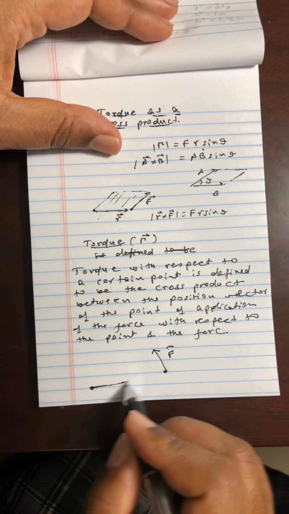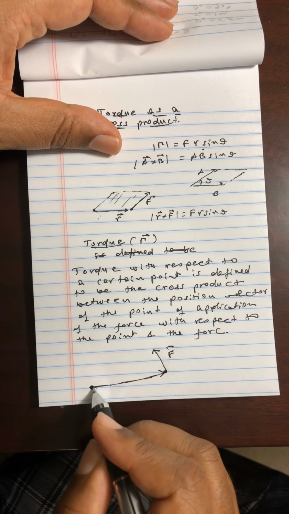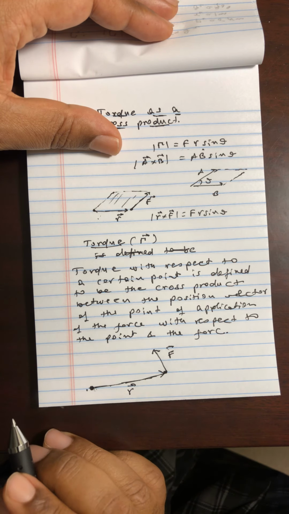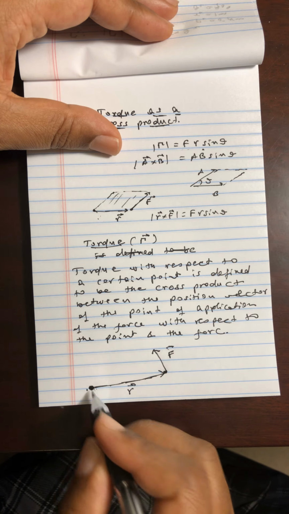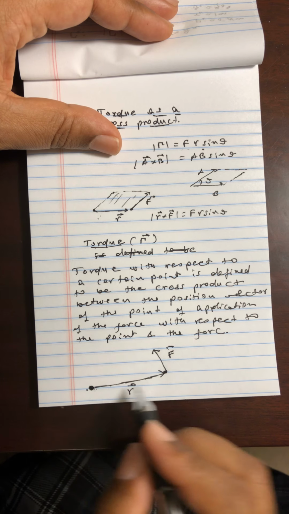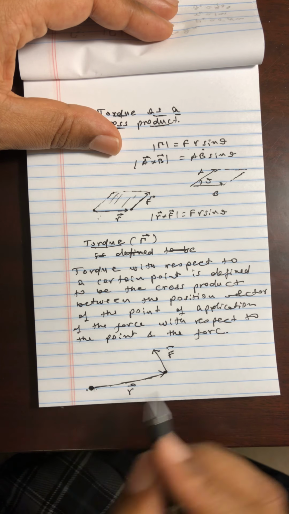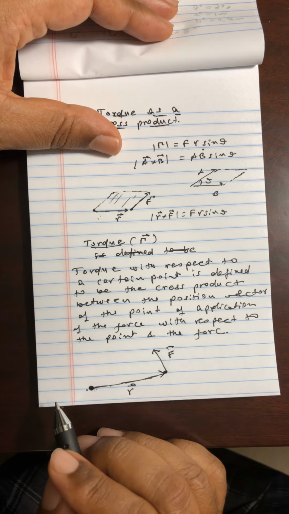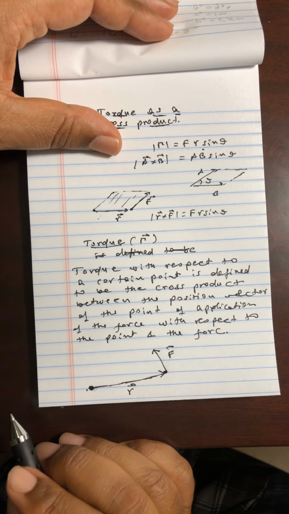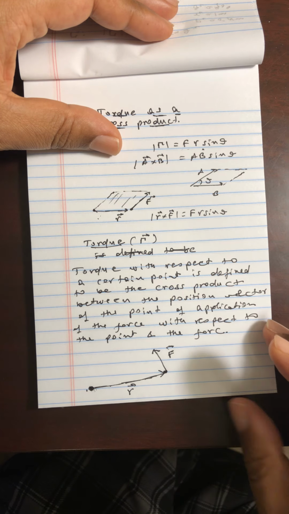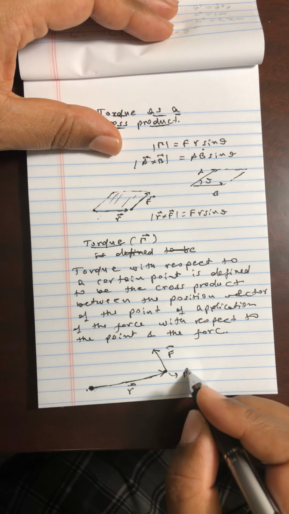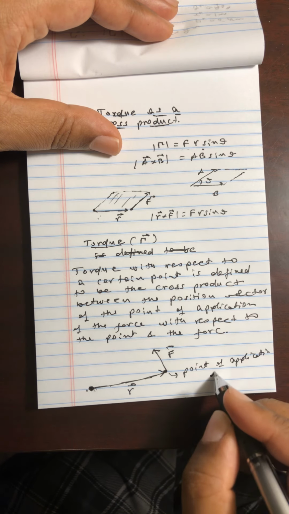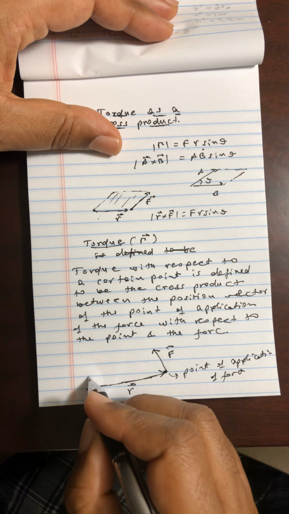So we take the position vector of this point with respect to this point of rotation, and we call it R, and the torque of this force about this point is defined to be R cross F. So this is the point of application of force, and this is our origin, or you can say point of rotation.